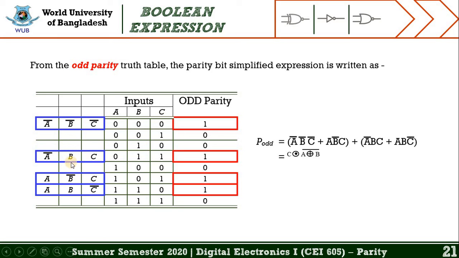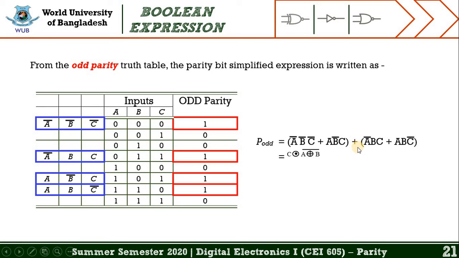In the right section of this slide, we find the Boolean function of the odd parity generator, symbolized as P odd equals, inside the first parenthesis, not a and not b and not c, or a and not b and c.